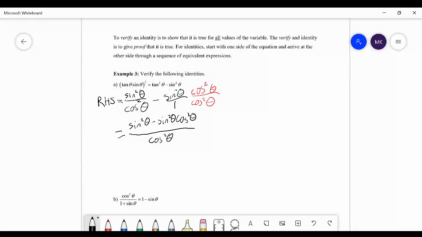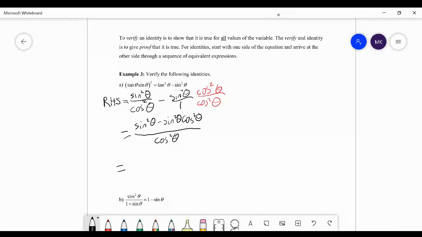But I do have sine squared theta in both of the two terms in the numerator. So let me factor that out. In the numerator, I get sine squared theta times 1 minus cosine squared theta, all over cosine squared theta.